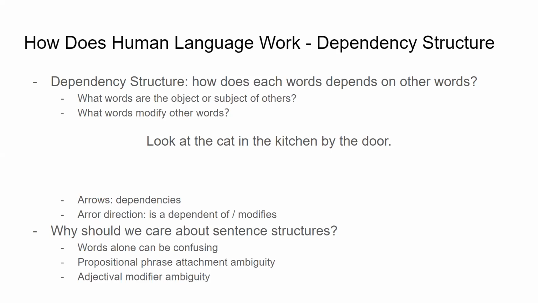We can say something like, look at the cat in the kitchen. Cat is next to kitchen, but what are the relationships between those words? That's the whole point of having the concept of dependency structure.